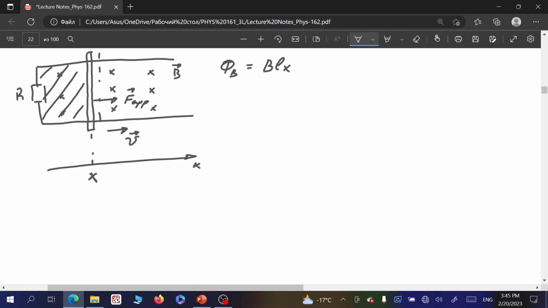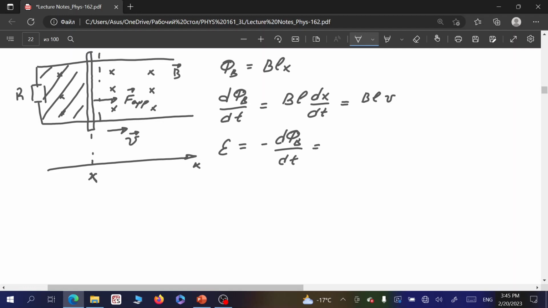If we want to determine the rate of changing magnetic field flux, that will be B L times the first derivative of x over time, which is velocity. So B L V. And the electromotive force, which is induced, will be dΦ_B over dt equals minus B L V.